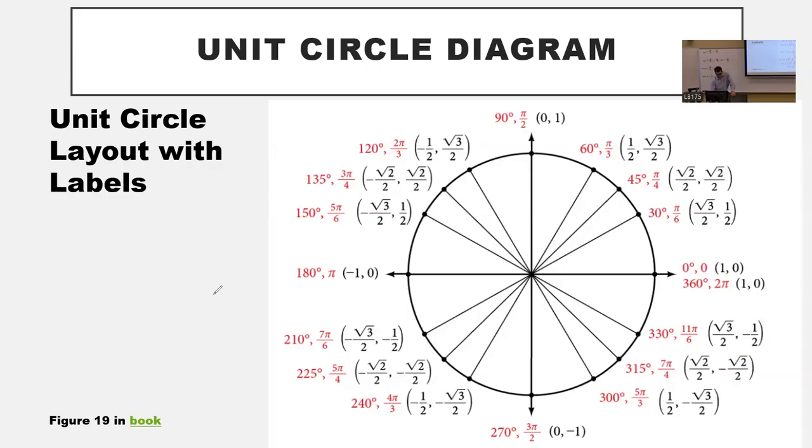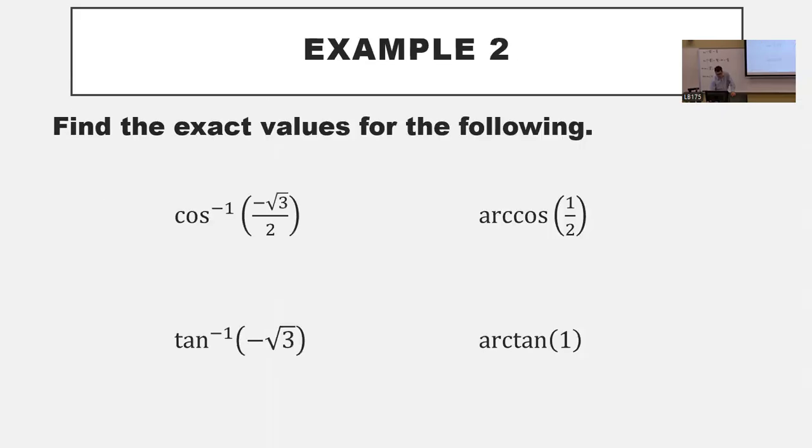Now, if we did a similar thing with cosine or tangent, we'd have to be conscious about how we looked at the circle.